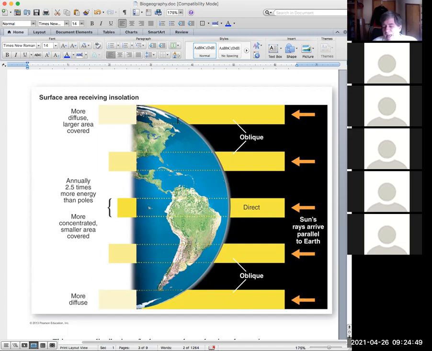So this means that if we look at a fixed unit of area, say we look at a square mile or a square meter, regions near the equator receive more solar energy per square meter than regions near the poles. In fact, they receive about 2.5 times more energy.